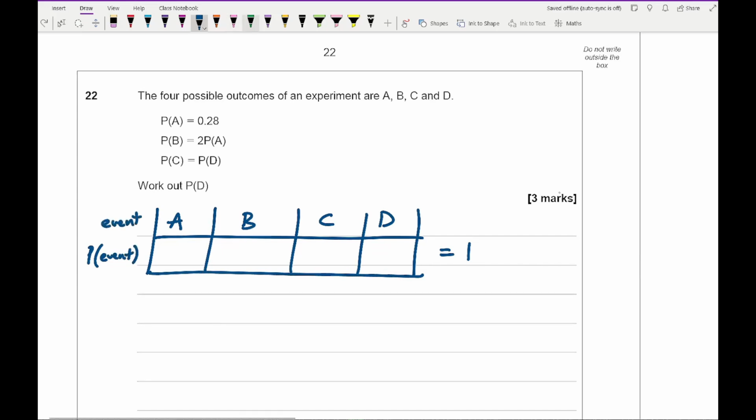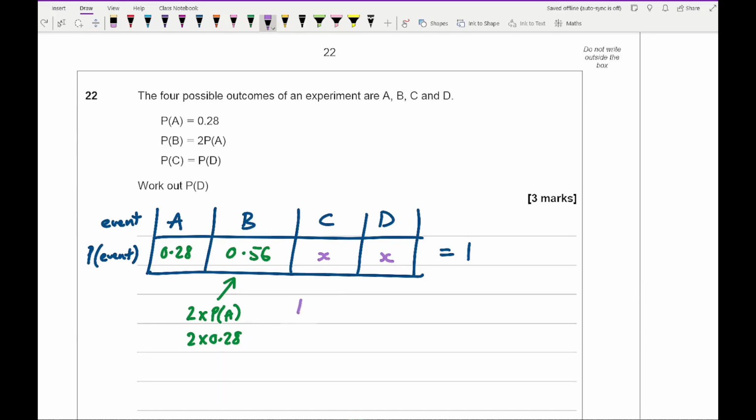Now in the question it tells me that the probability of A is 0.28. The probability of B is 2 lots the probability of A, so that's 2 times 0.28, which gives me 0.56. For probability of C and D, I don't know what they are, but I know that they're the same. So I'll call that x and x. Again, all of those 4 probabilities need to add up to 1.